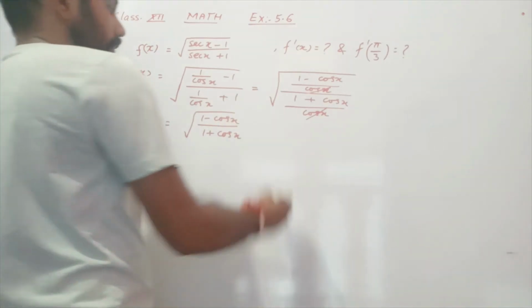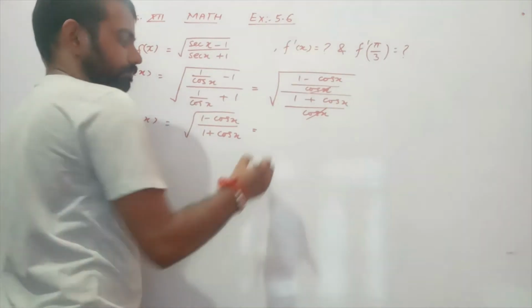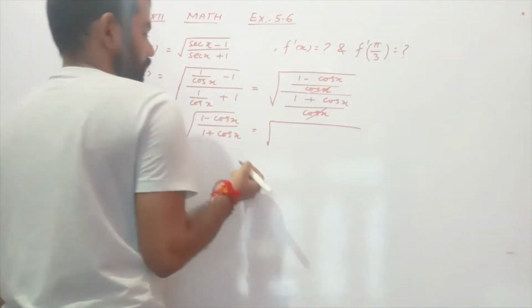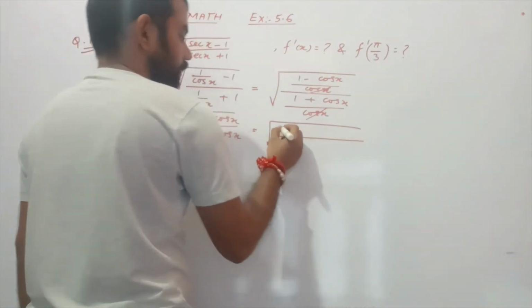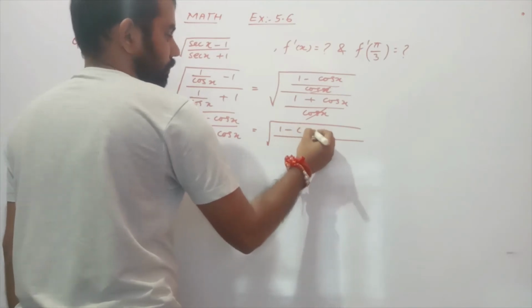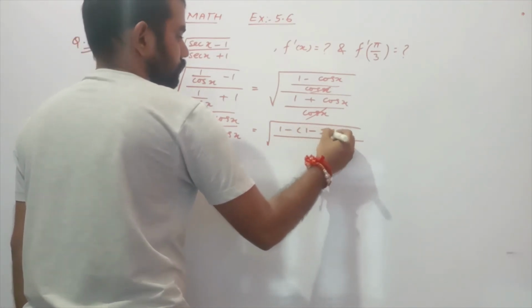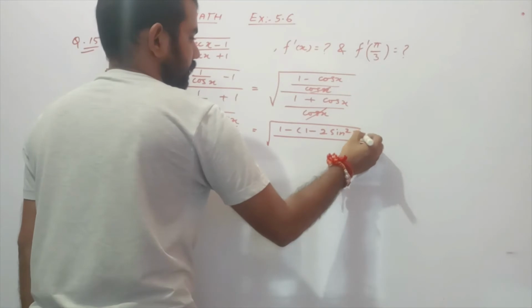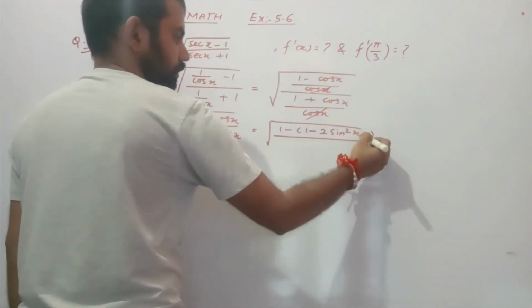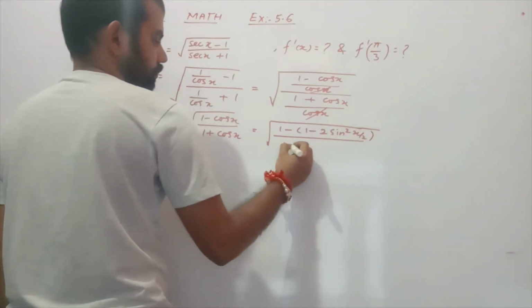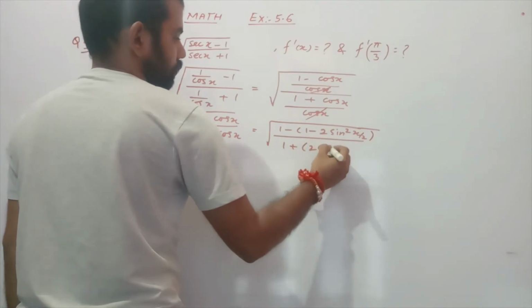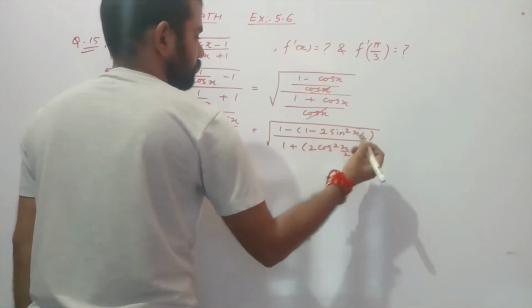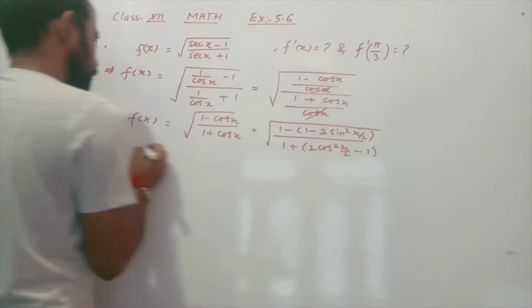We have the formula to cancel the 1. This will be, in the bracket, 1 minus 2 sine square x upon 2, and also 2 cos square x upon 2 minus 1. Open the bracket.